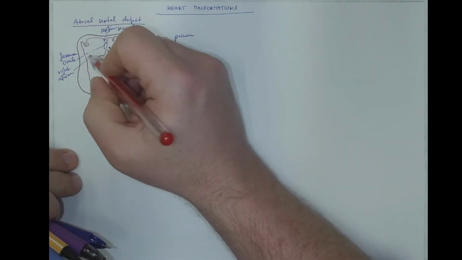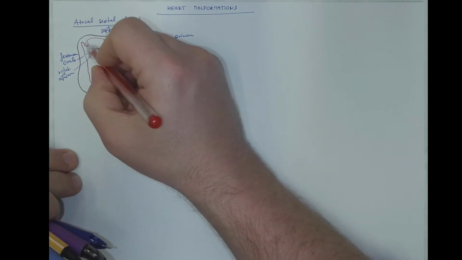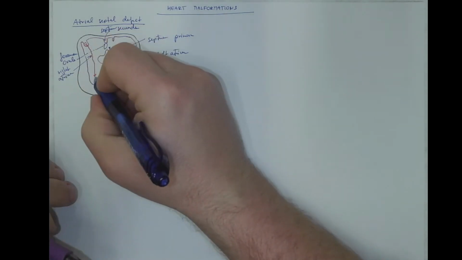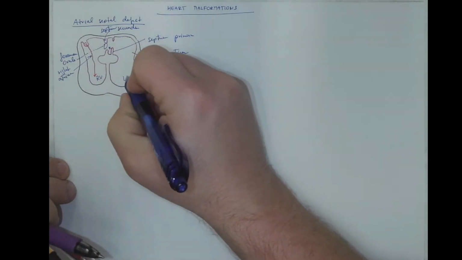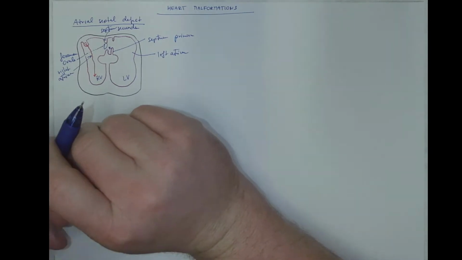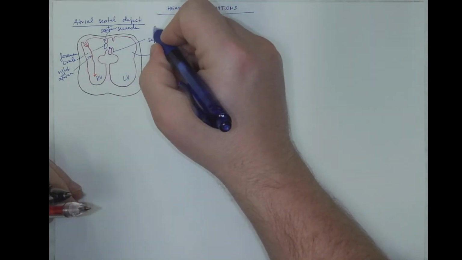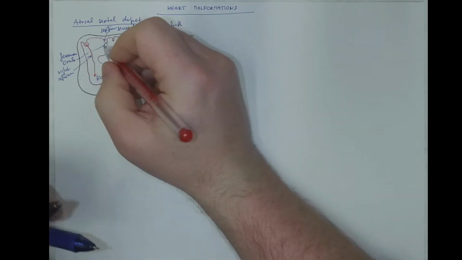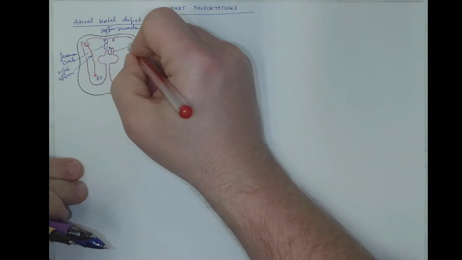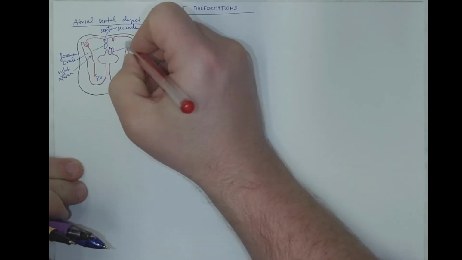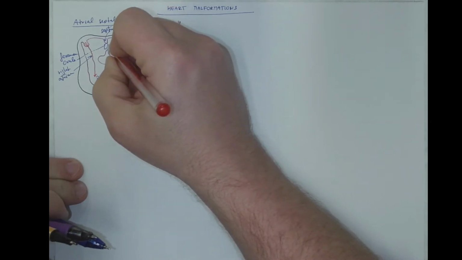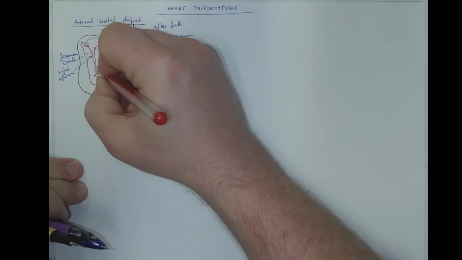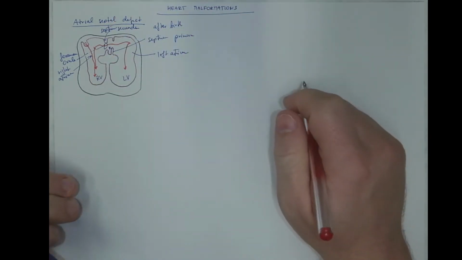the blood flows through the sinoatrial opening into the right atrium, flows into the right ventricle, left ventricle. However, after birth, the blood flows from the left atrium not only into the left ventricle, but through that opening also into the right atrium, and therefore into the right ventricle.